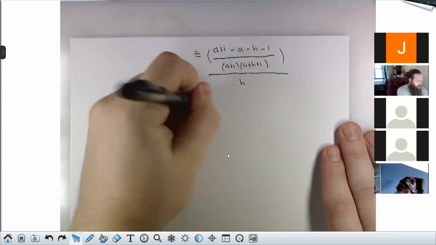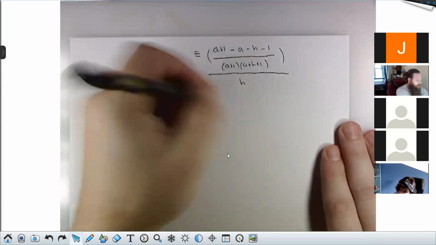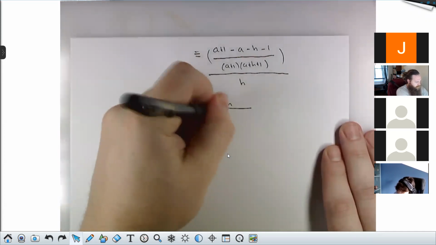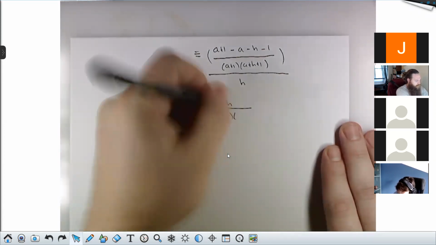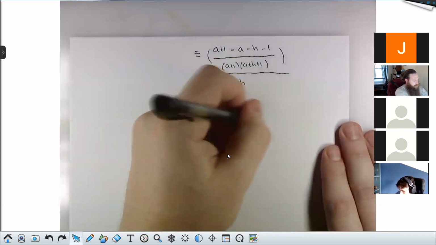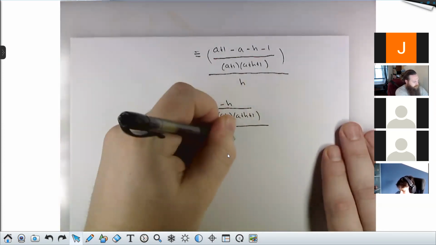So combining those like terms, I'm just left with negative h over a plus 1 times a plus h plus 1. And all that is still being divided by h.